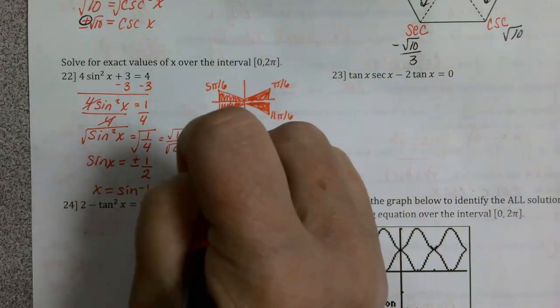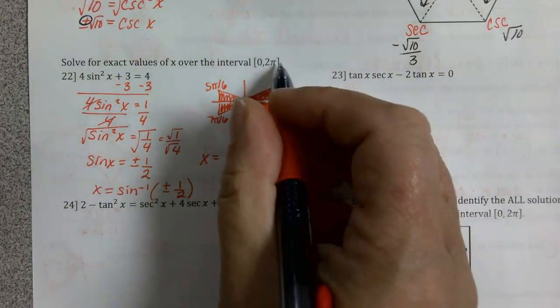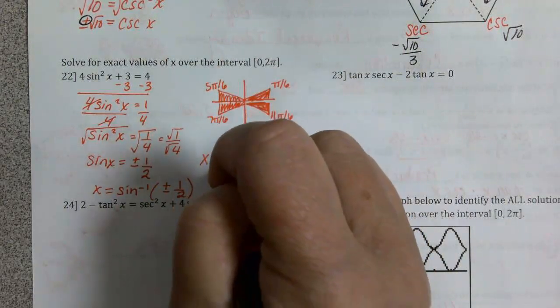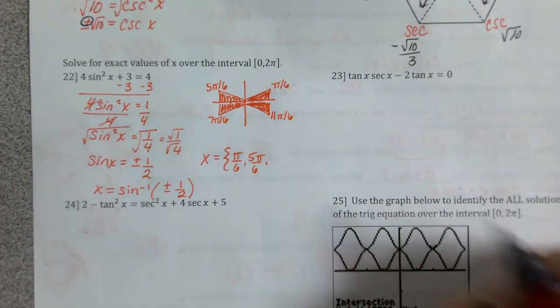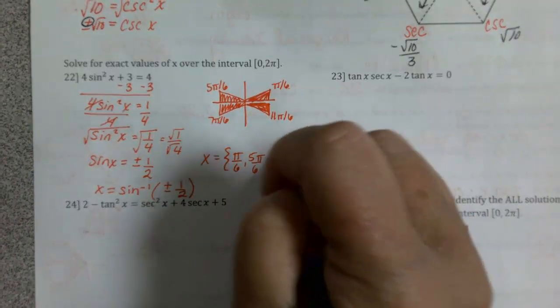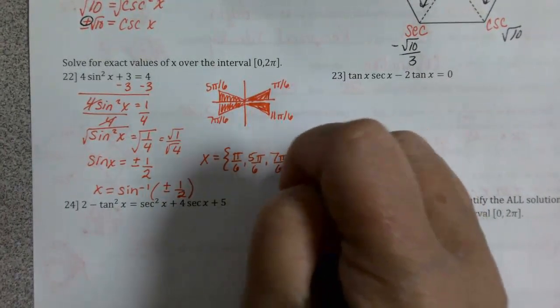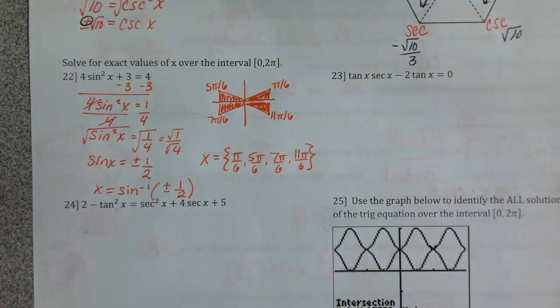So our 4 solutions over the interval 0 to 2 pi are pi over 6, 5 pi over 6, 7 pi over 6, and 11 pi over 6.